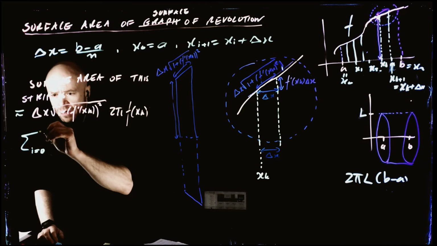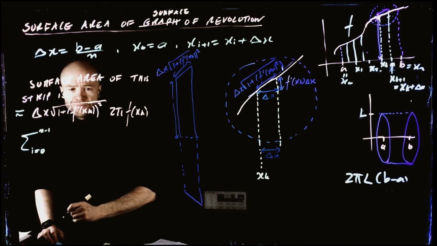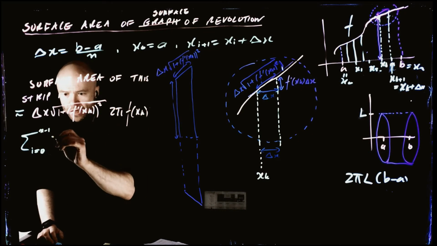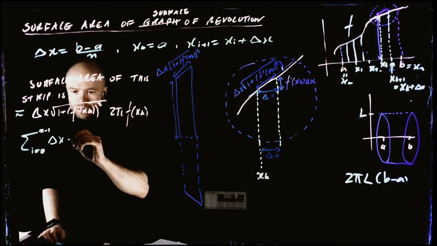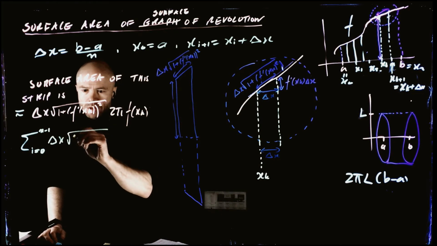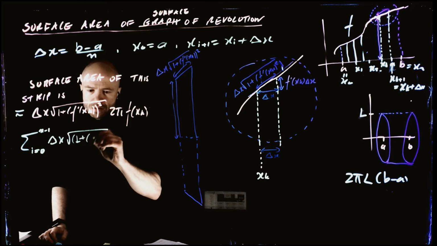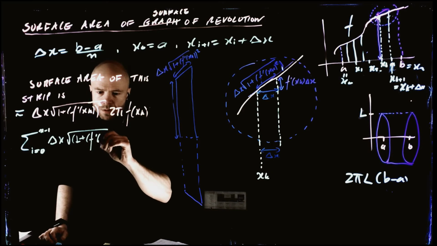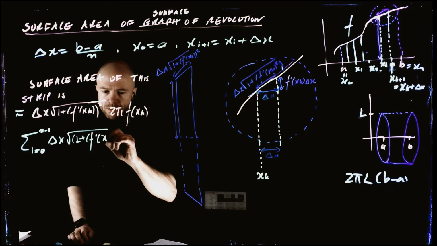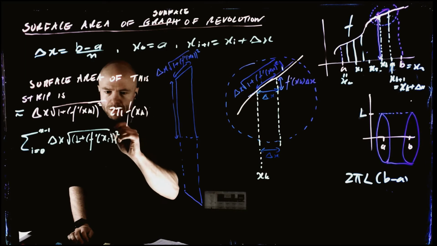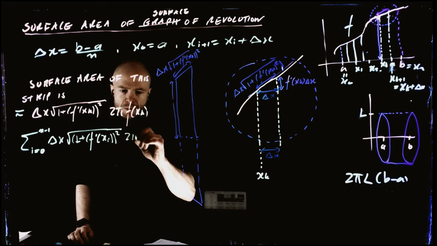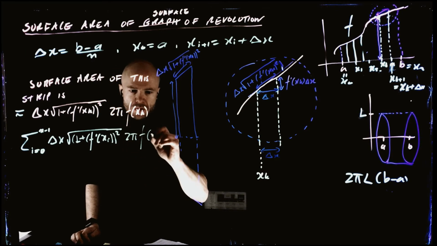So i equals 0 up to n minus 1. And then each one of these expressions: delta x square root of 1 plus f prime of xi squared times 2 pi f of xi.